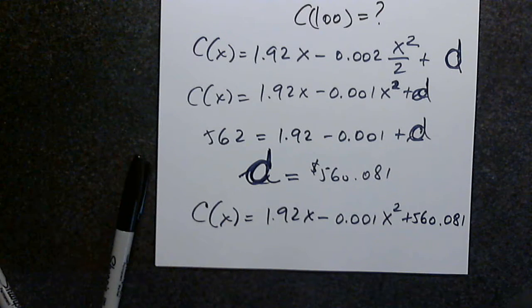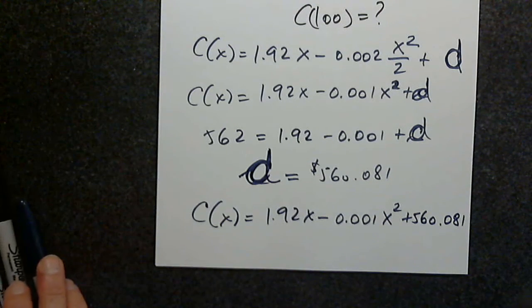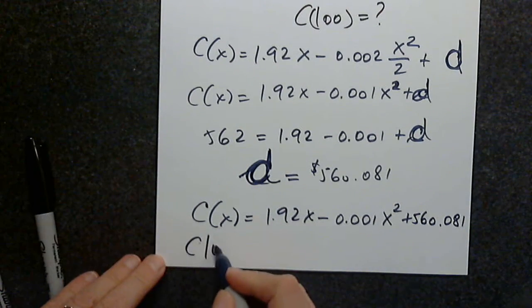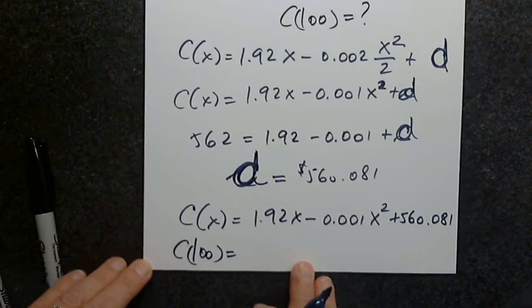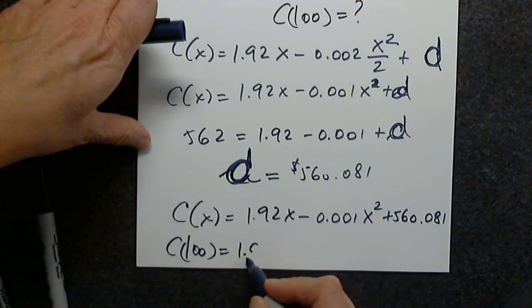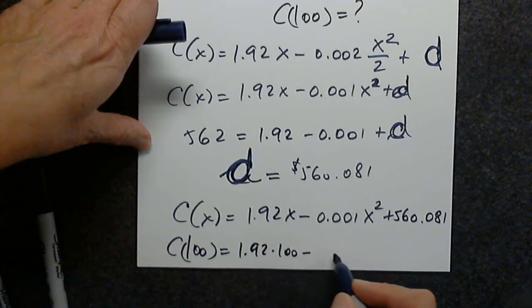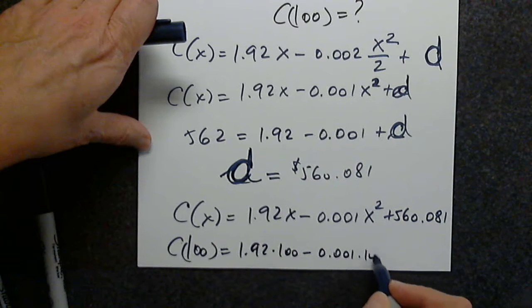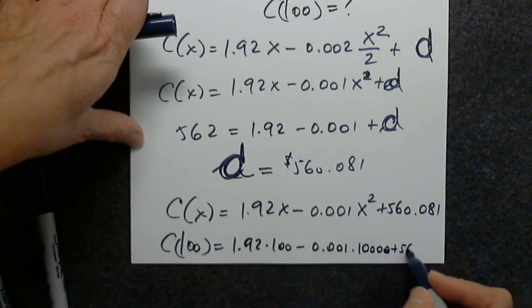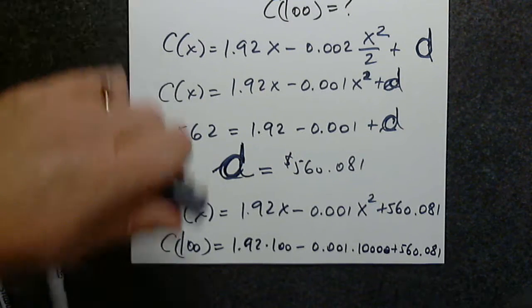And now and only now we can find the cost of 100. So C of 100. So we will get 1.92 times 100 minus 0.001 times 100 squared and plus 560.081.